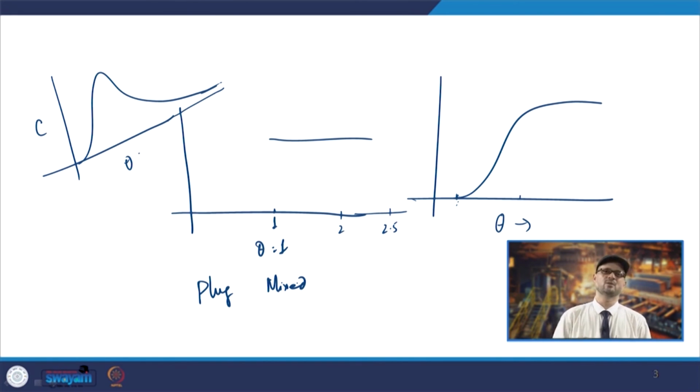There are different ways to calculate this, and different theta is also considered for that. You may define that those particles which take more than twice the mean residence time, or sometimes maybe 3 times, staying more than the theoretical mean residence time, fall into the category of the dead region.